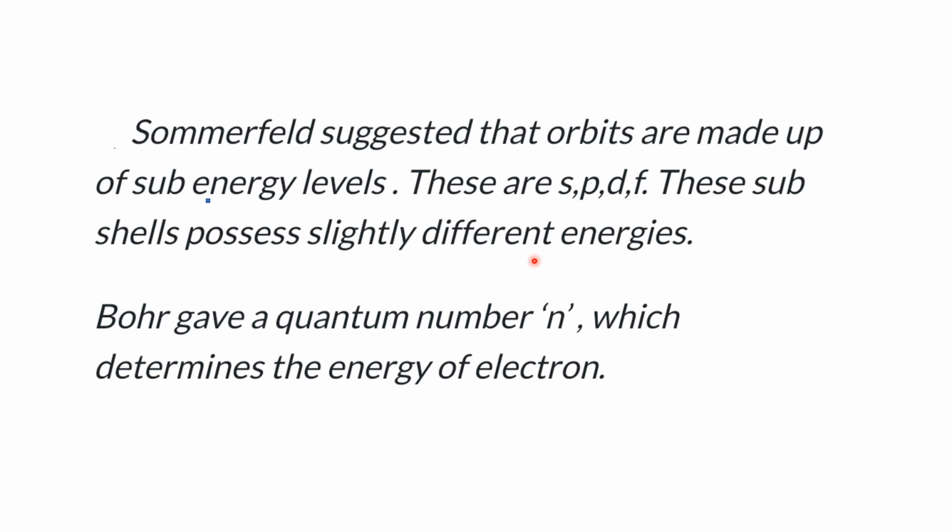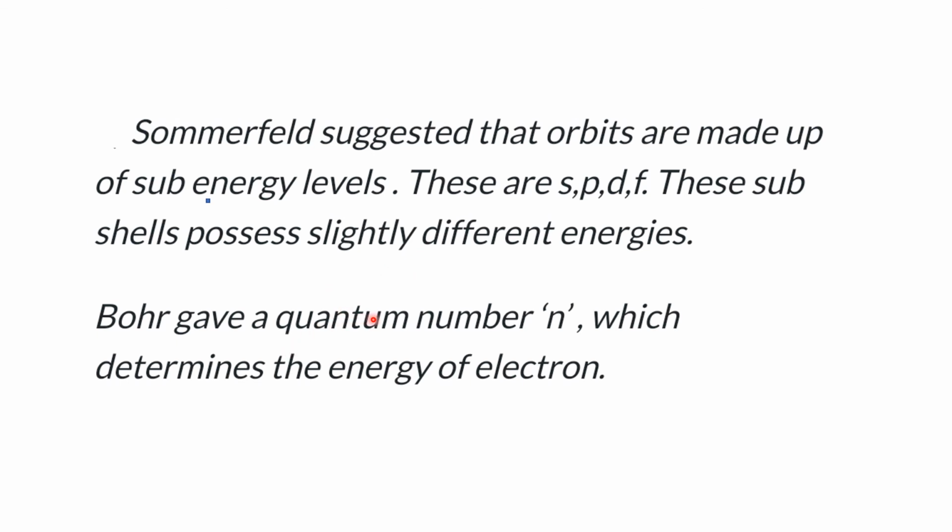It was also observed that each energy level, each orbit, is made up of sub-energy levels due to the azimuthal quantum number values 0 to n minus 1, and these sub-energy levels are represented as s, p, d, f. And it was observed that these sub-energy levels or subshells possess energy, and the energy of them differs very slightly.